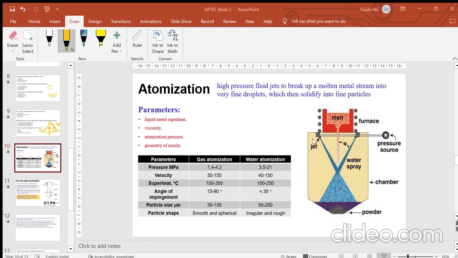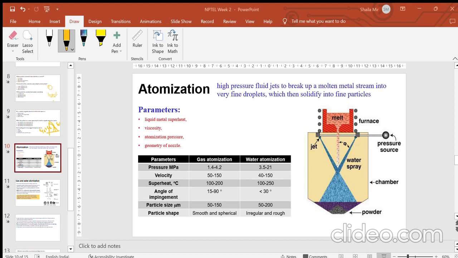In gas based atomization we have low cooling rates, and these help us form spherical particles. While for water atomization, because we have very high cooling rates, these result in the formation of irregular morphology. So based on the cooling rates, we have different types of particle morphologies and subsequently different flow characteristics.